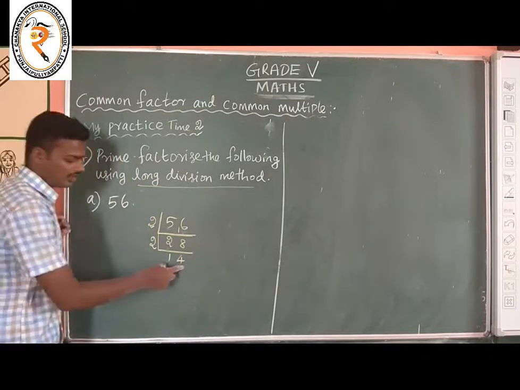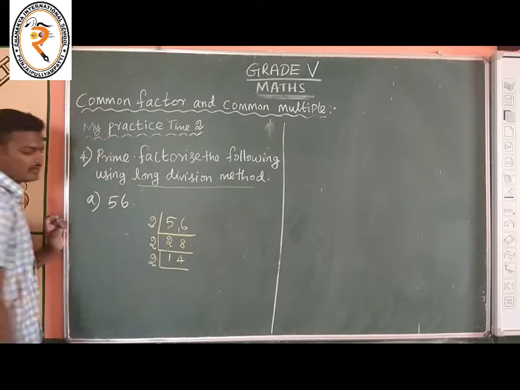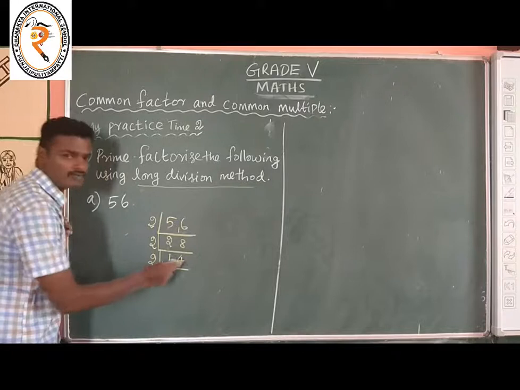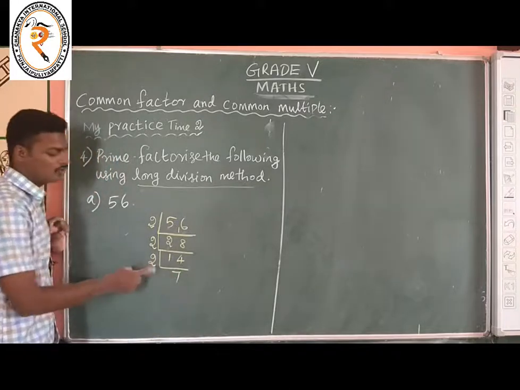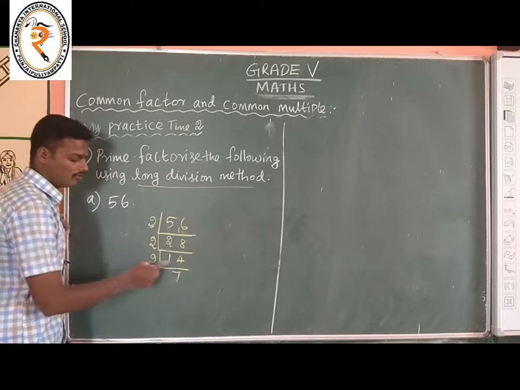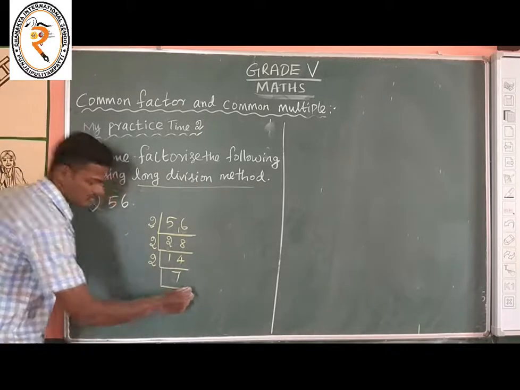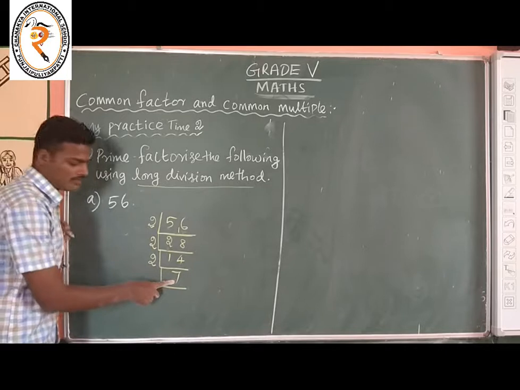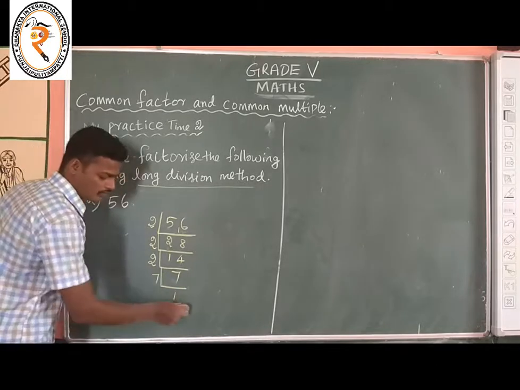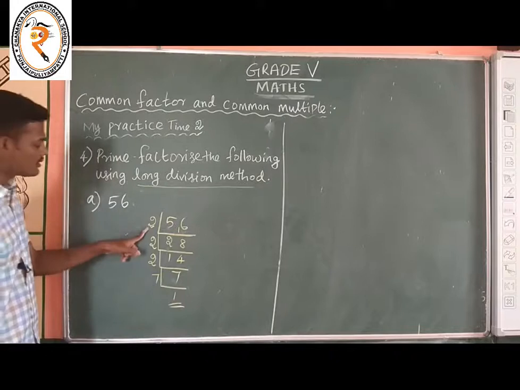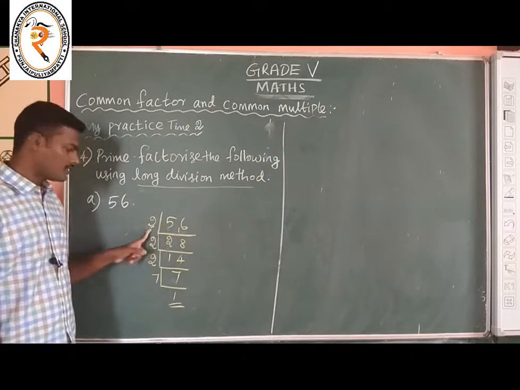Next, 14 is also an even number, so it comes in the second table 7 times, since 2 sevens are 14. So next, 7 is in the seventh table 1 time.